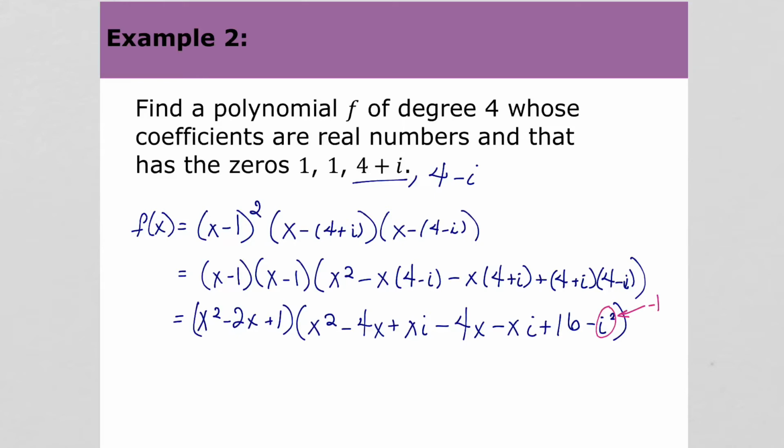So what we end up with now is, just bringing back down that first x squared, I'm going to combine our minus 4x's, so minus 8x. Then our xi's cancel out. And then down here we've got 16 minus negative 1. So that's plus 17.